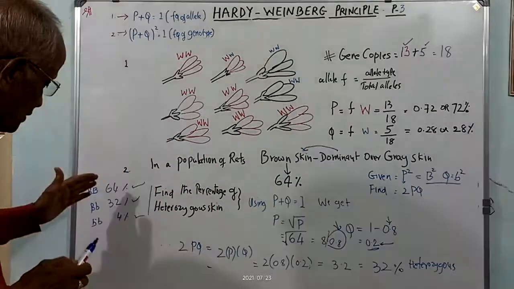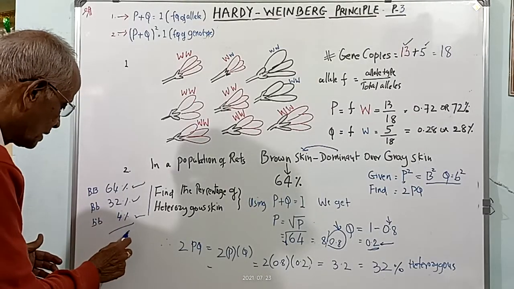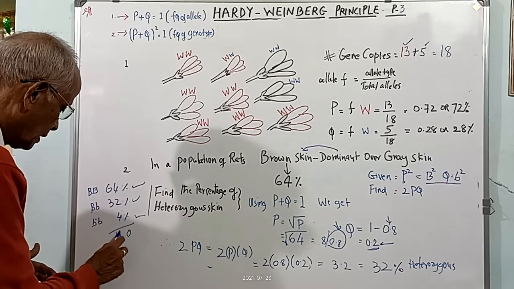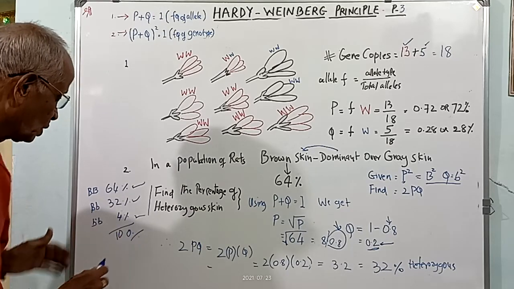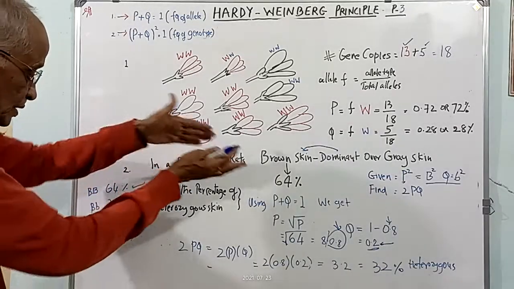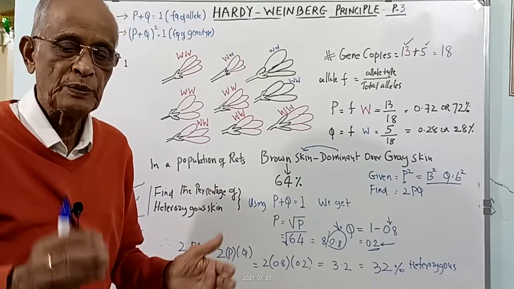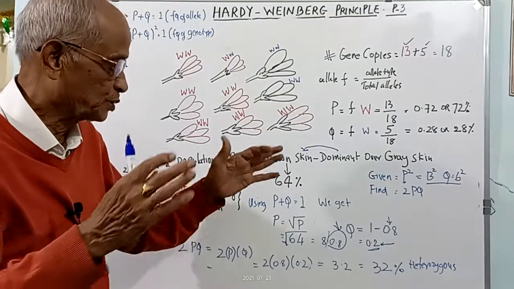So if you add them up, you get 100%. So even if only the 1 is given, in this particular case only 4% of the population will have the gray skin.